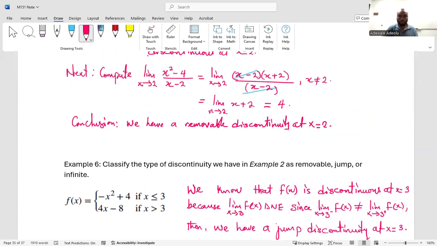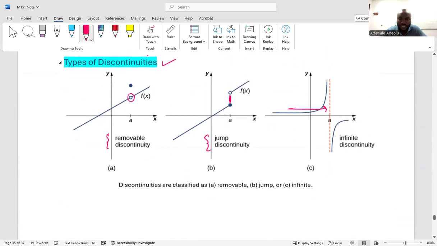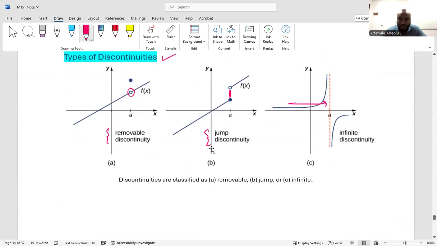So let us do some recap. When we have this, our claim is that the function is discontinuous because f of 2 is undefined. However, that is not enough to be able to classify that. Let me show you why. Look at this graph here. F of a actually exists, and it is this.